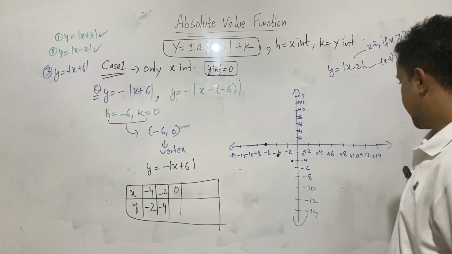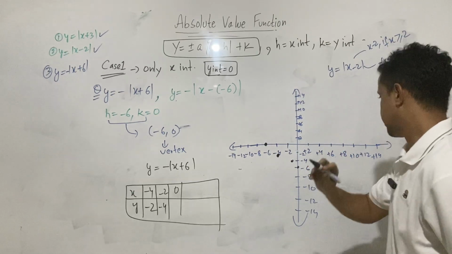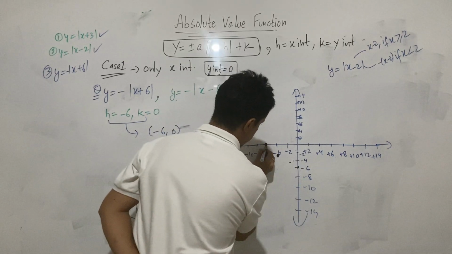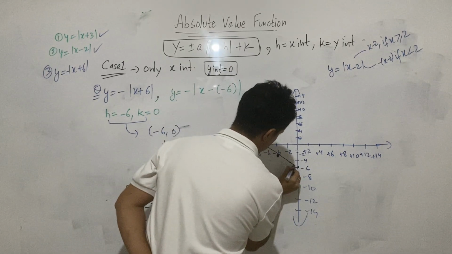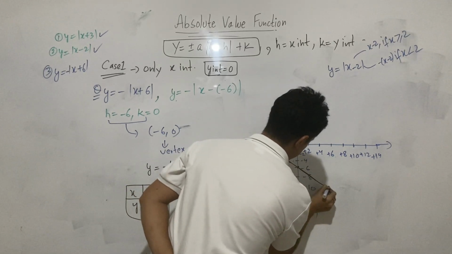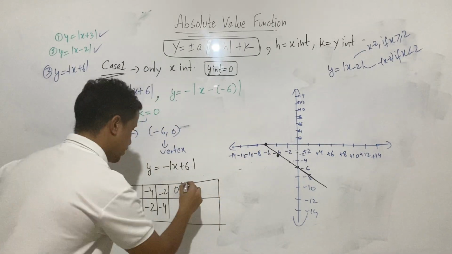It's going to be negative 6. So this is going to be something like this.